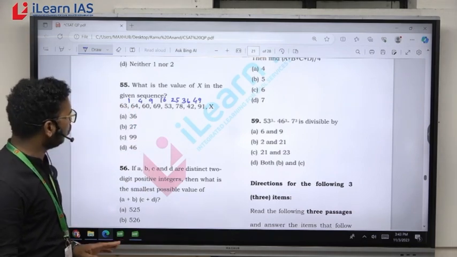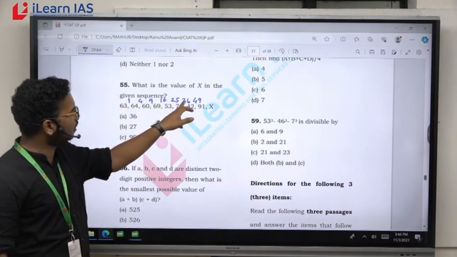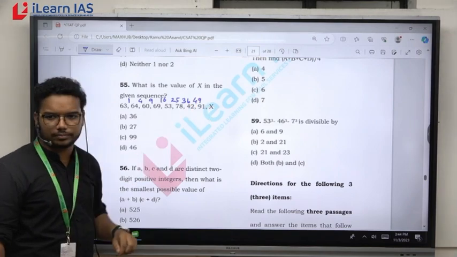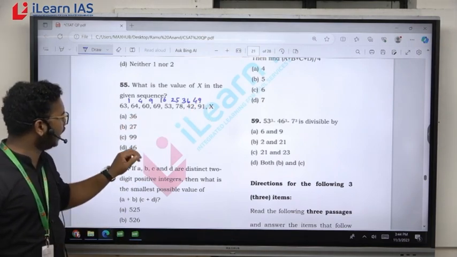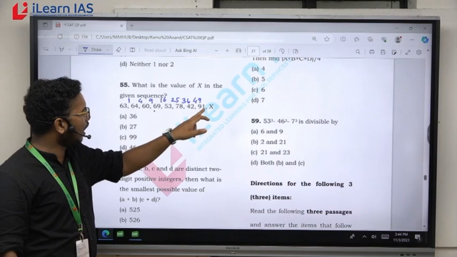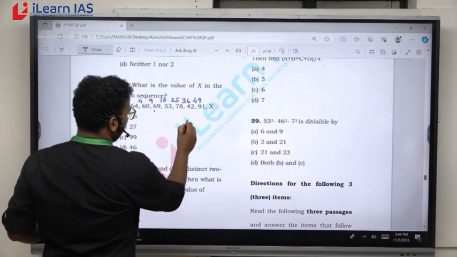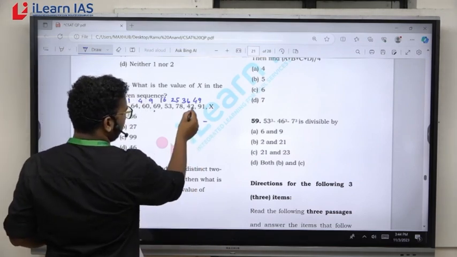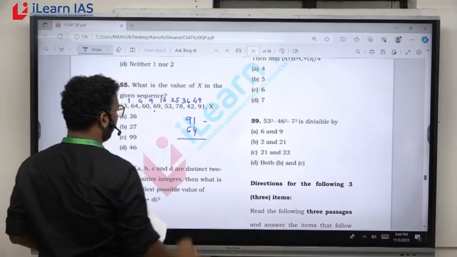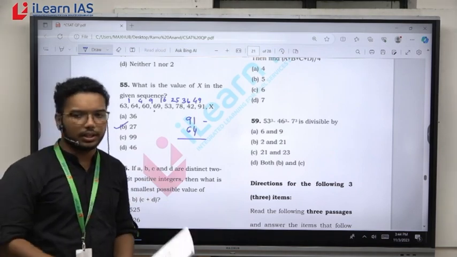So the differences follow a pattern: 1, 4, 9, 16, 25, 36, 49. What is the pattern? 1 square, 2 square, 3 square, 4 square, 5 square, 6 square, 7 square. Clear? And here it is alternating: minus, plus, minus, plus, minus, plus. So it will be 91 minus... since the last was minus 49, next comes plus, 8 square, which is 64. Answer is 27.